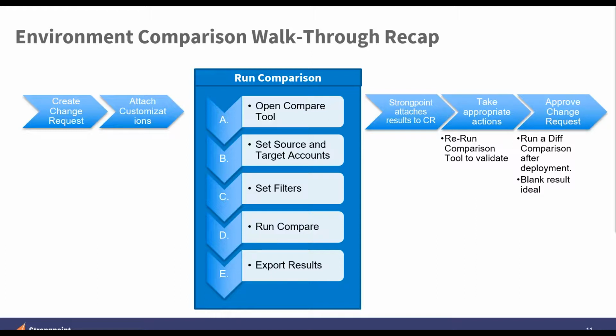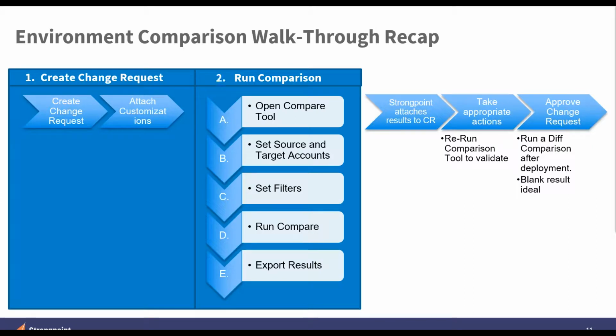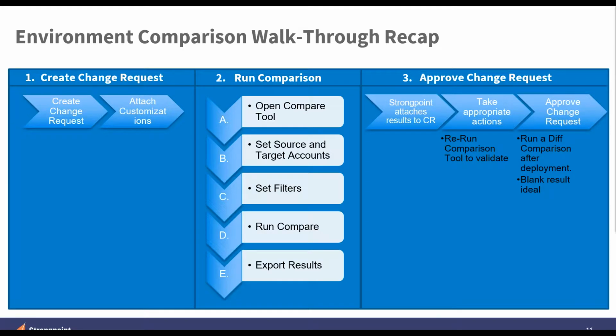Okay. The second way is to create an actual change request. And once you create the change request and attach the customization, you go in and you run your comparison. Strongpoint will then attach the result to the CR, and you can take whatever action needs to be taken based on the results that have been provided.